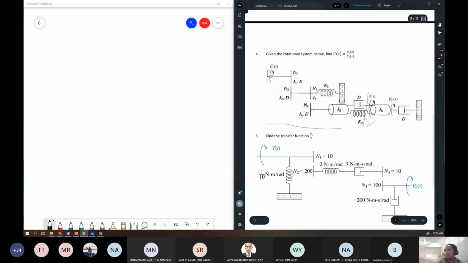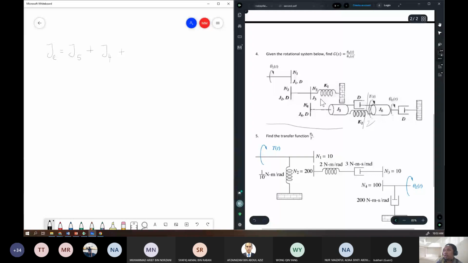So firstly, we have the J equivalent. So J equivalent equals J5 plus. So firstly, J4 here. So J4 is already on this shaft, J5. So you don't have to multiply with any gear ratio. So you just add J4 and then plus J3. So J3 is on N3. So if you want to transfer to J5, you need to multiply with the gear ratio.